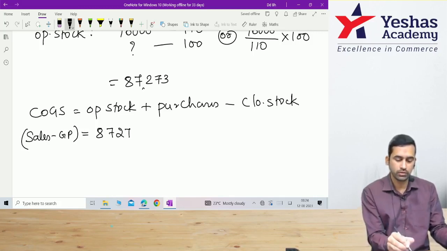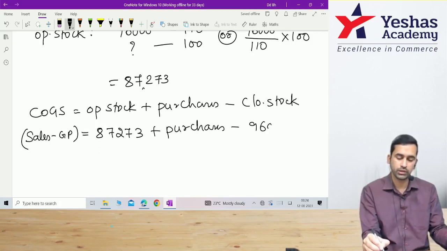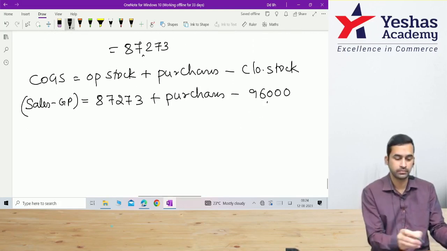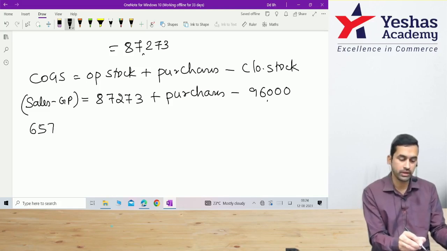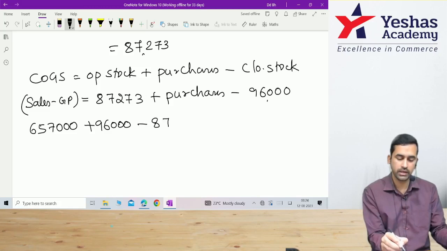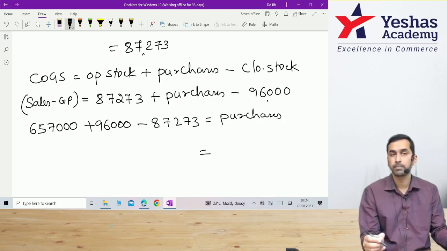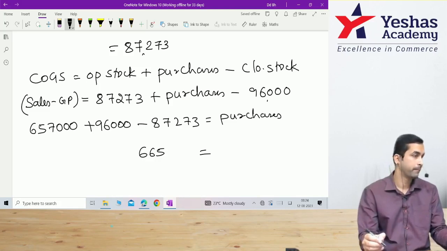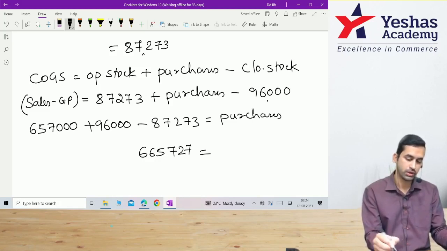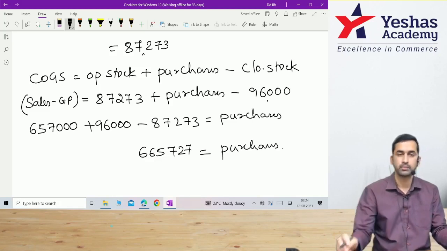Opening stock 87,273 plus we don't know purchases minus closing stock is 96,000. How much was this number? 6 lakh? 6,57,000. I will shift the numbers this side. Plus 96,000 minus 87,273 should give me value of purchase. Anybody? 6,65,727, the value of purchase, right?